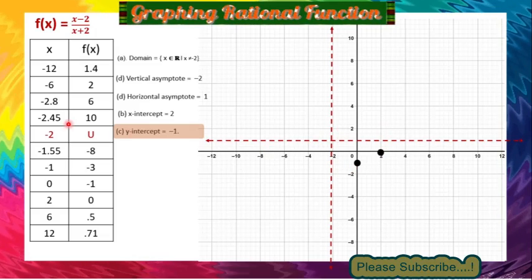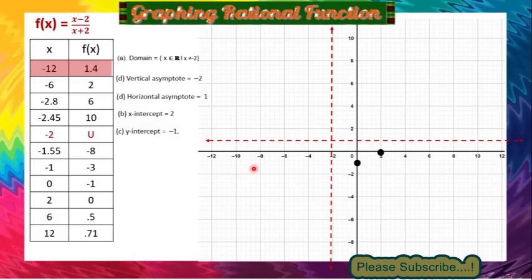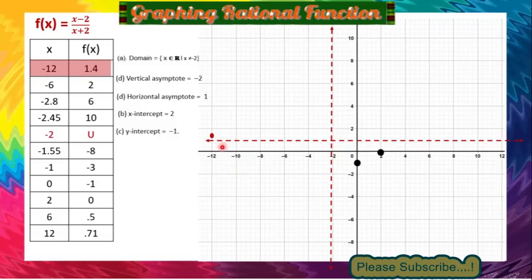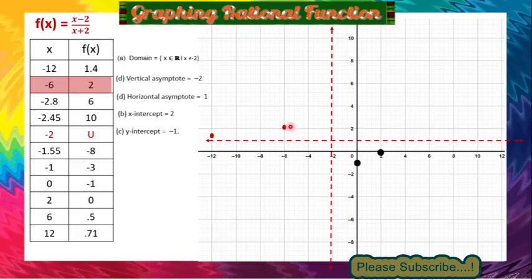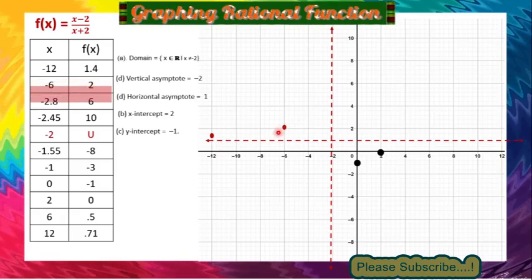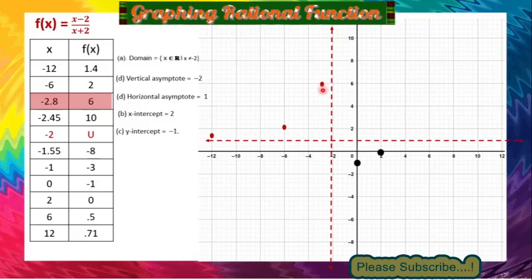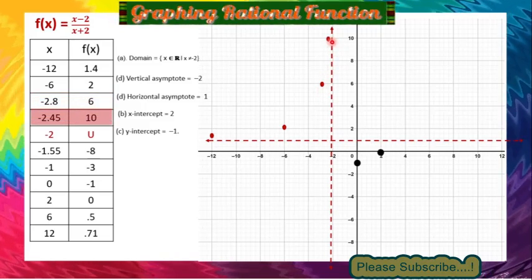Okay, so after that, now we have the vertical asymptote, horizontal asymptote, x-intercept and y-intercept. Then we proceed to our table of values. When x is 12, 1.4, that one. Then -6 and 2, that point. Then -2.8, then this point, then -2.45, that is this point.